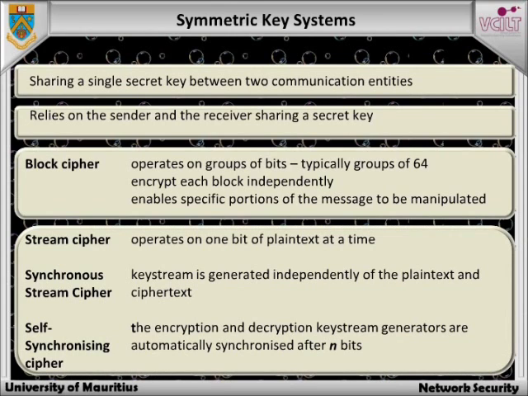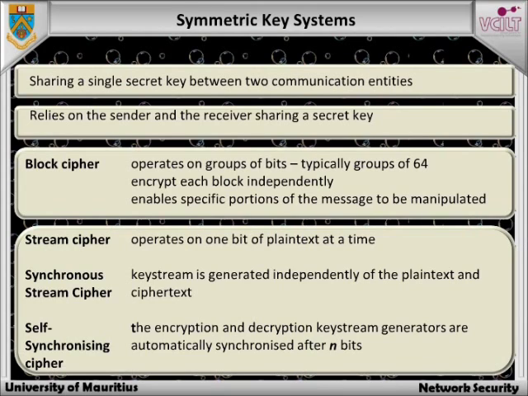A stream cipher generally operates on one bit of plaintext at a time, although some stream ciphers operate on bytes. Stream ciphers can be classified as either synchronous or self-synchronizing. In a synchronous stream cipher, the key stream output is a function of a key and is generated independently of the plaintext and the ciphertext.